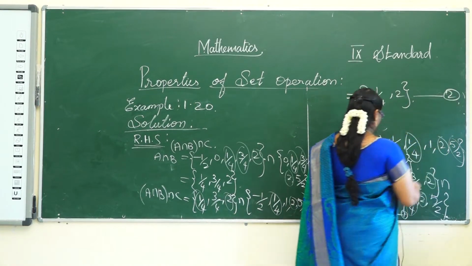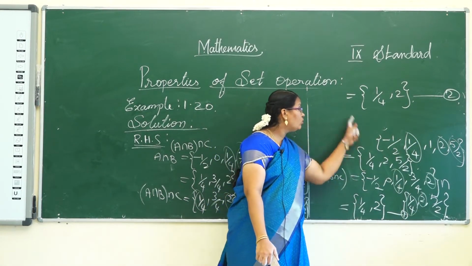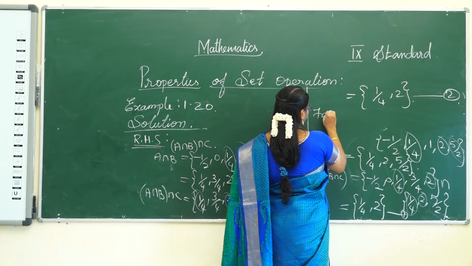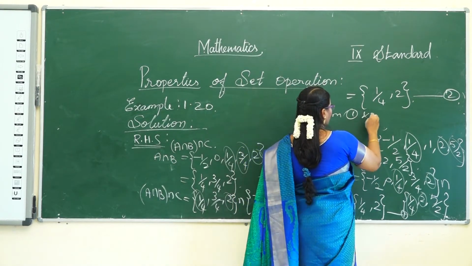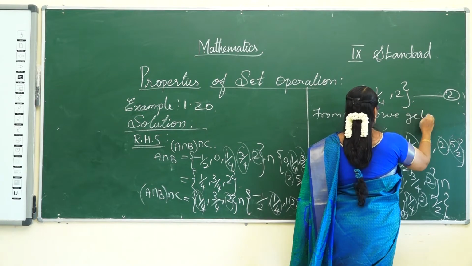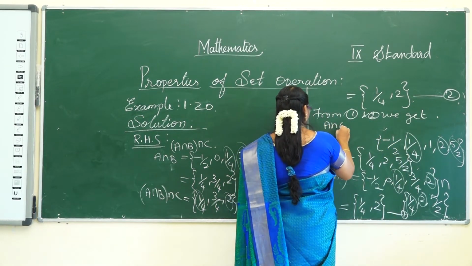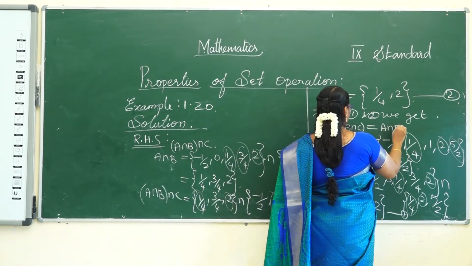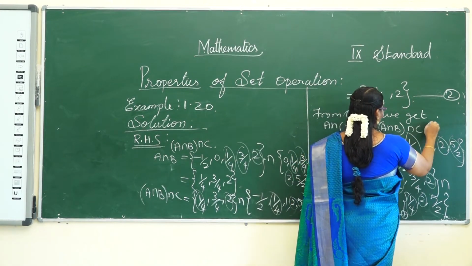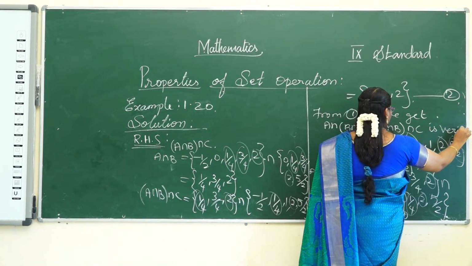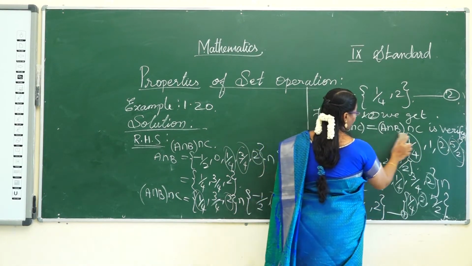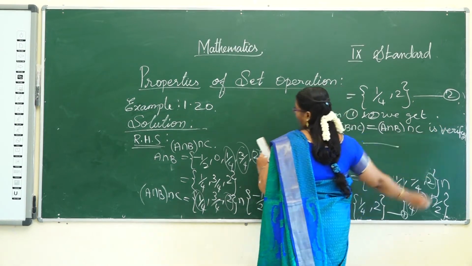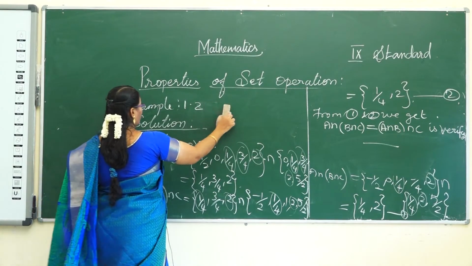Equation number 2. See, equation number 1 and 2 are common, so both having the same elements. From equations 1 and 2 we get A intersection (B intersection C) is equal to (A intersection B) intersection C is verified.